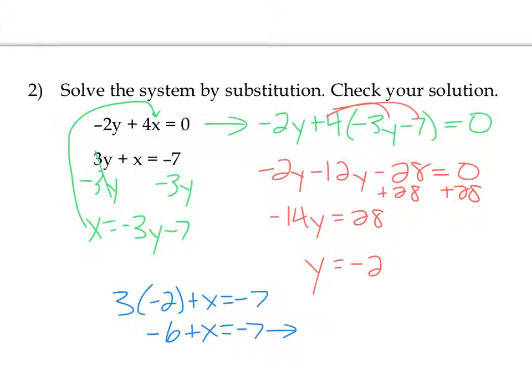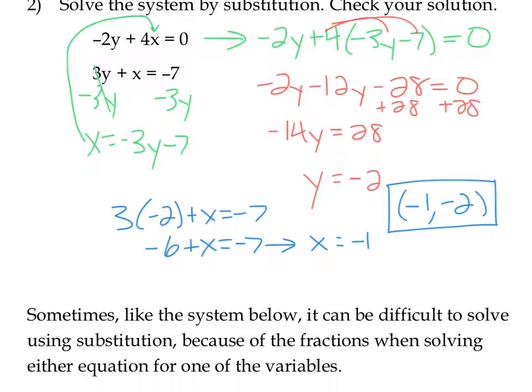Adding 6 to both sides, x equals negative 1. So negative 1 comma negative 2, as an ordered pair x comma y, is the solution for that system of equations. Again, we could check that by plugging those x and y values in, negative 1 for x, negative 2 for y, and making sure that it actually works in both equations. That's how we could check the solution.